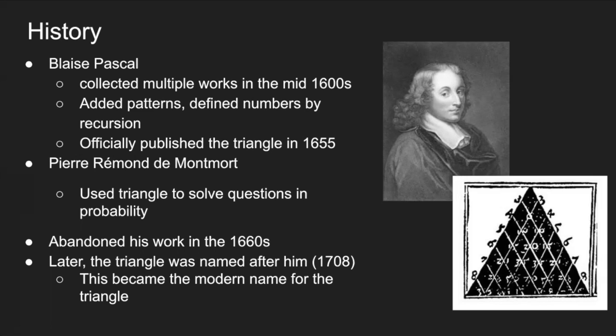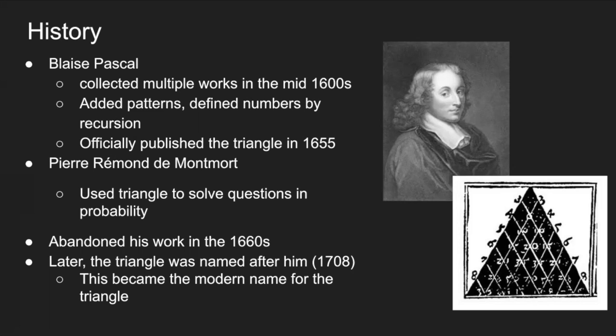But what Pascal did do is he added a lot of patterns to the triangle. He described the diagonal patterns, the patterns by rows and by columns, and all of that kind of stuff. He also defined the numbers by recursion, which is pretty interesting.